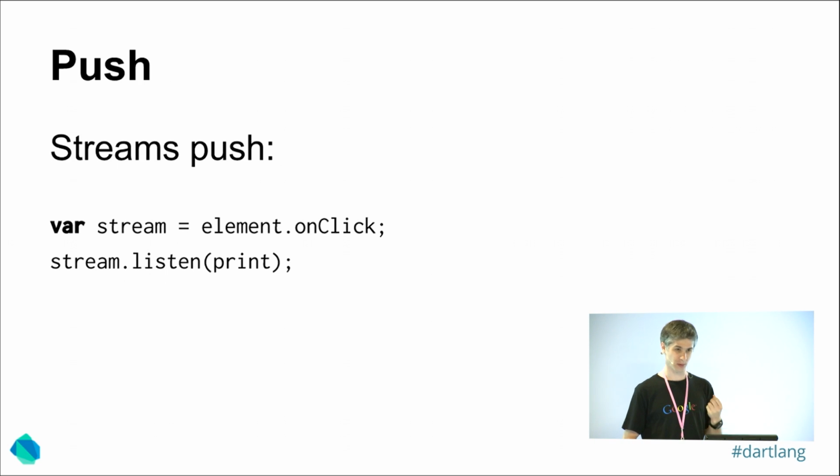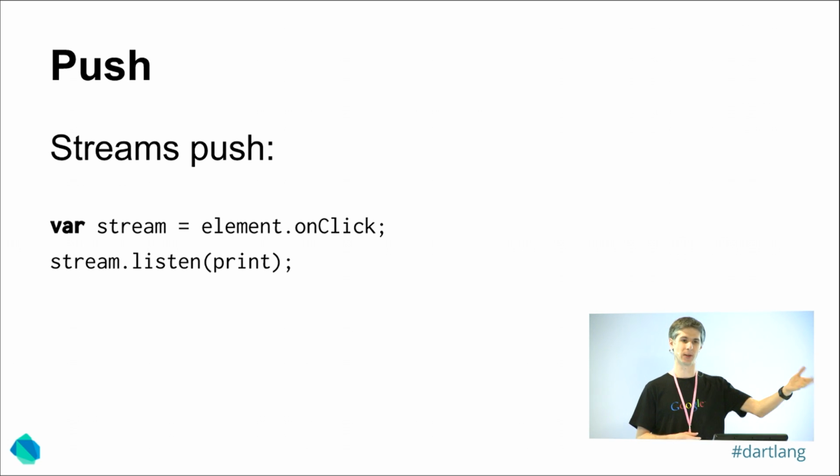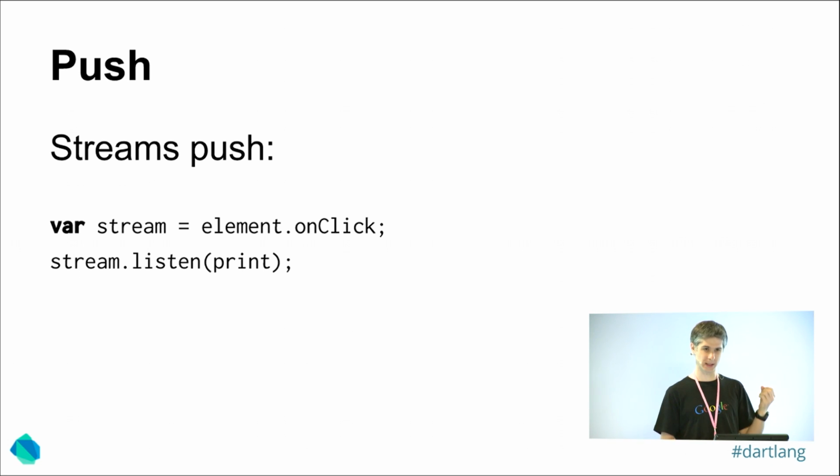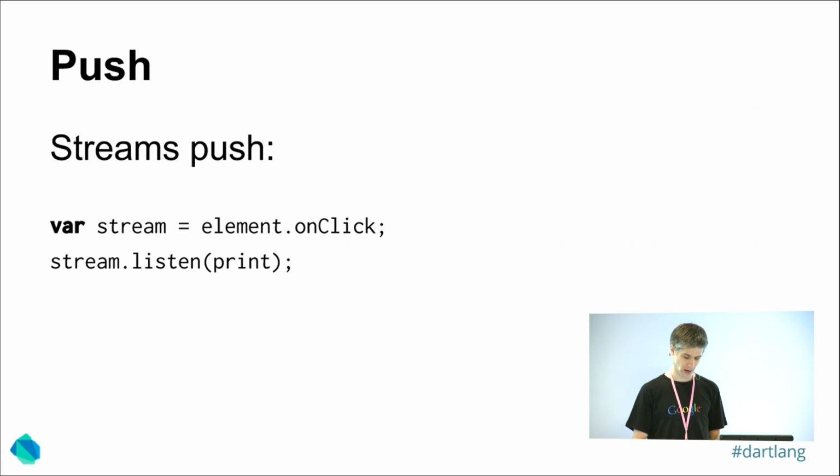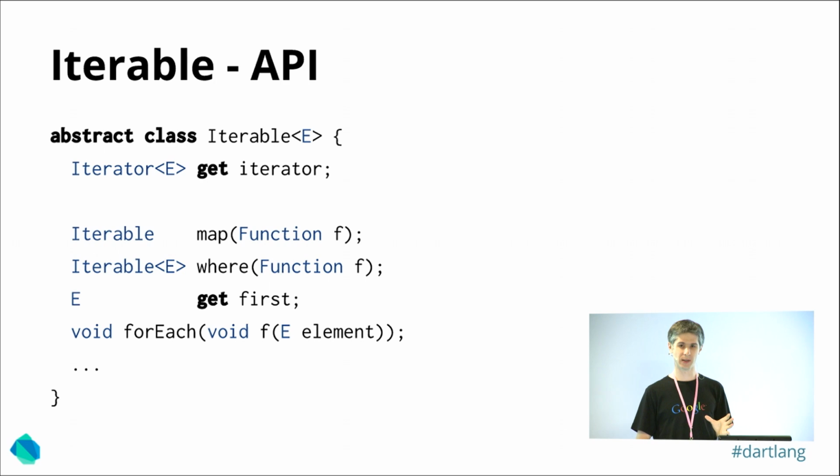Whereas if you go for streams, here you have the stream element onClick, you cannot say, give me the next value. You can say, yes, once you have a value, give it to me, but it's the stream that is going to push the value to you. That is really the main difference, because if you now look at the API, here's the iterable, for instance. You have the iterator, map, where, first, forEach, all the things that we love on these iterables.